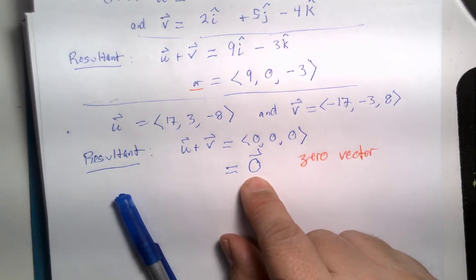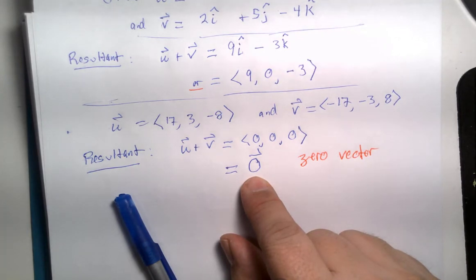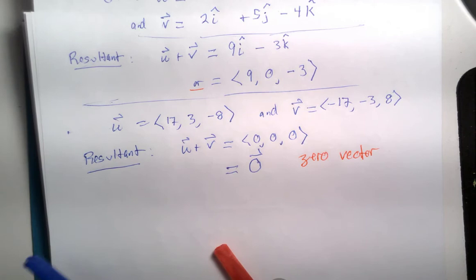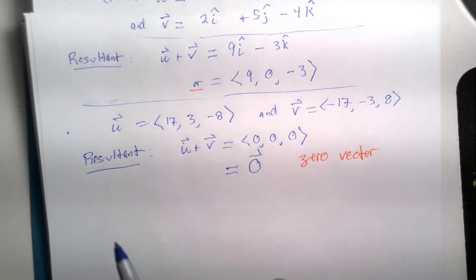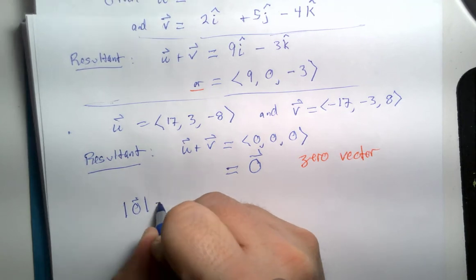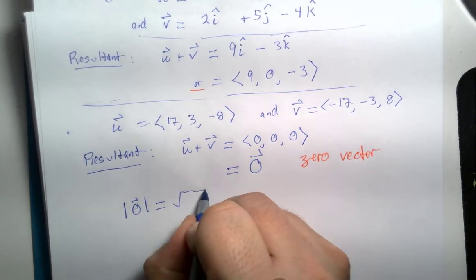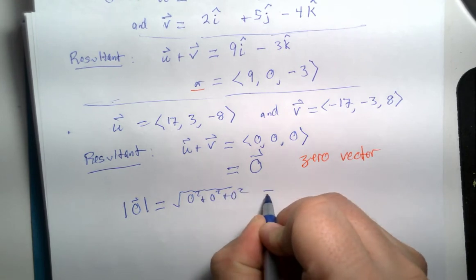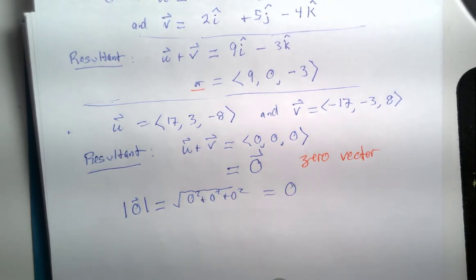0, the vector, is like a single point. It has no magnitude, but it may have a direction, like you're sitting in a chair facing a direction, but you haven't gone anywhere yet. The 0, the vector. If you want to calculate the magnitude of the 0 vector, well, with all 0 components, you don't have a choice but end up with 0, the number.